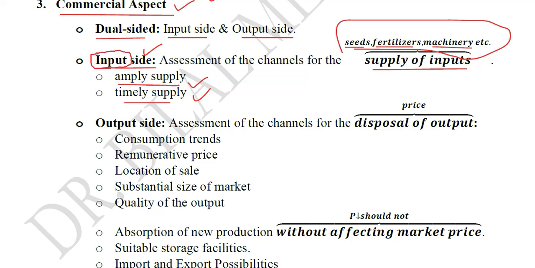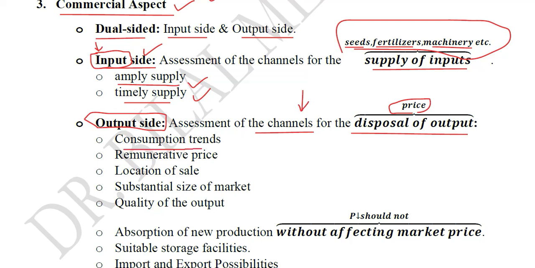So in order to make the project grow, in order to make the project get ready, we need to consider this side. But the other side is also important, that is the output side. We need to consider how the disposal of the outputs will take place. What will be the price of the output that we are selling? What are the channels where we can sell this output?